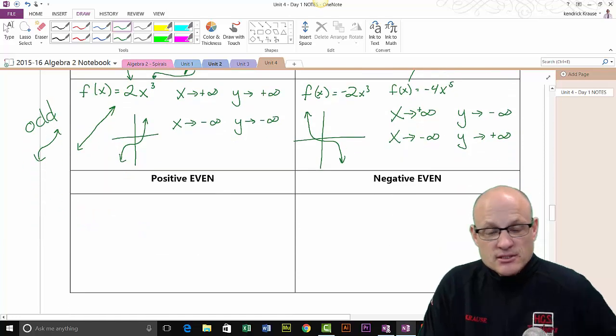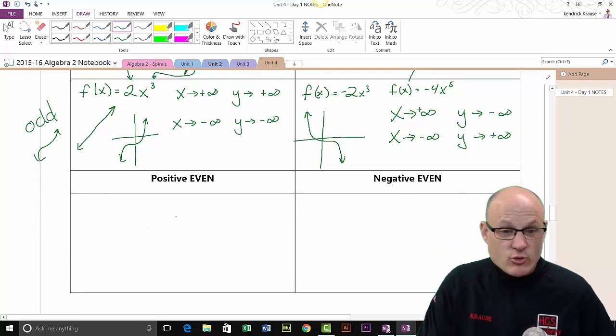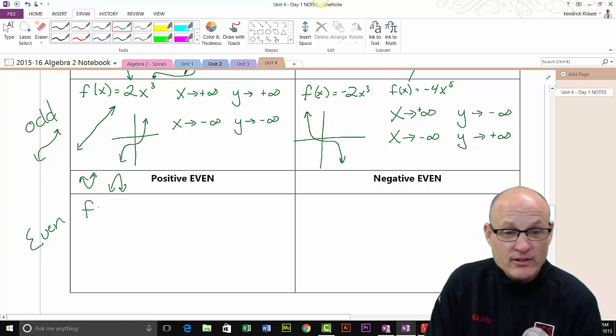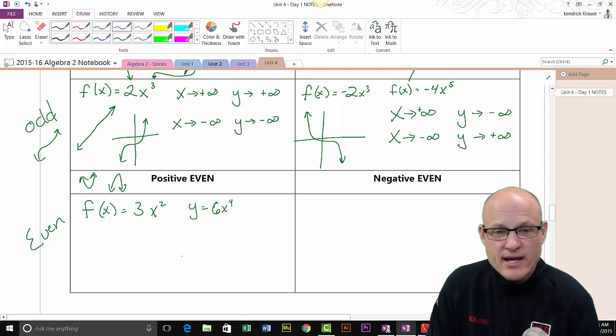Gets bigger. Positive even. Now what I want you to remember about even is it's either going to go both up or both down. So that's what we want to know about even. So if it's positive, something like 3x squared, or we could do y equals 6x to the 4th. Whatever, it doesn't matter.